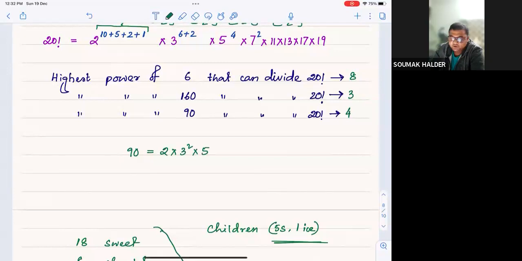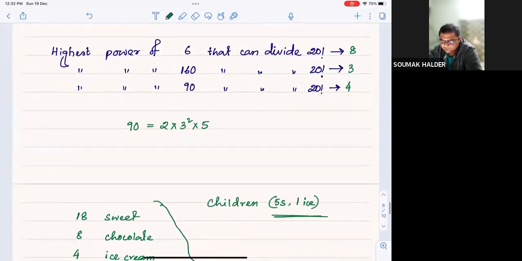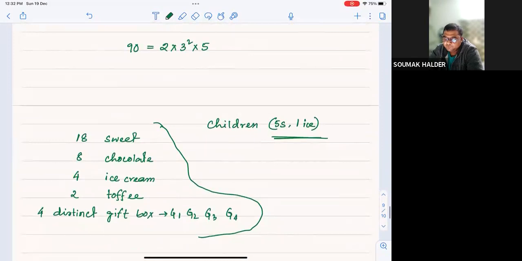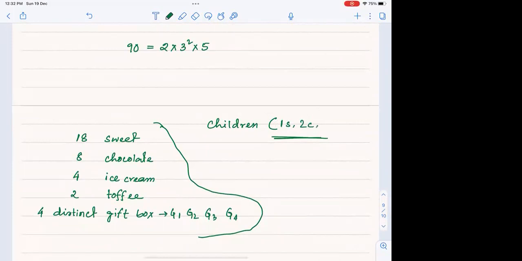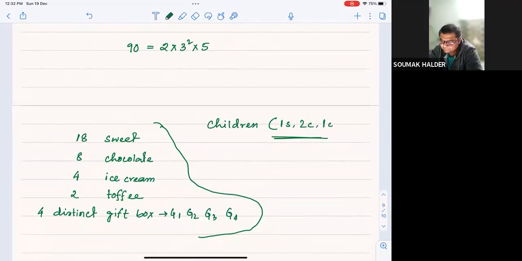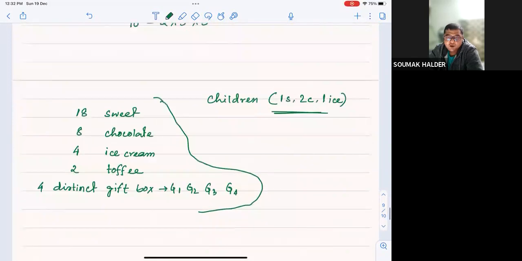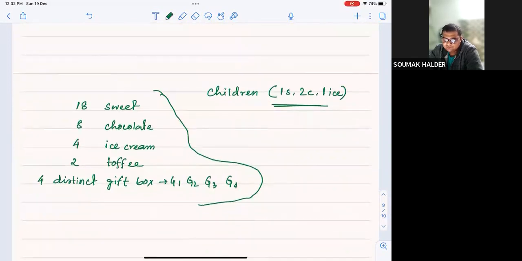So that's what you are going to offer. So you can think in this particular form. Now each child should be offered one sweet, 2 chocolates, and 1 ice cream. So how many children can be offered that?